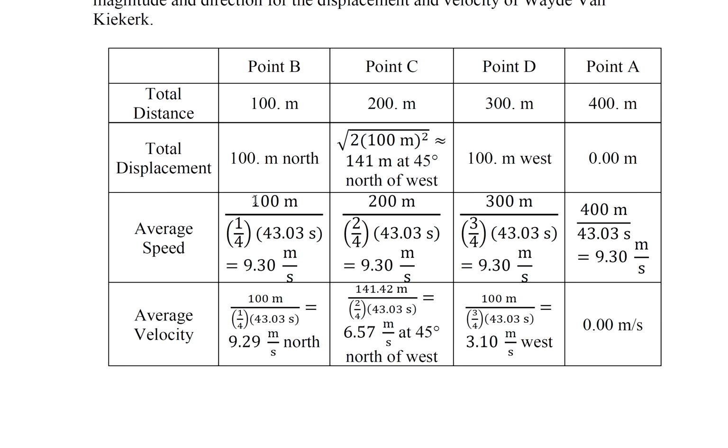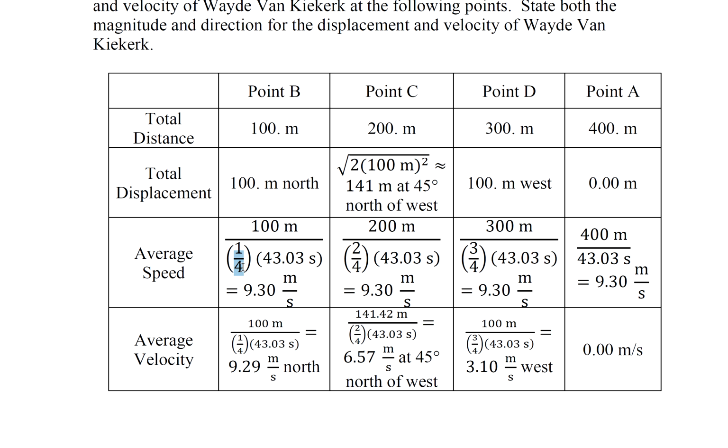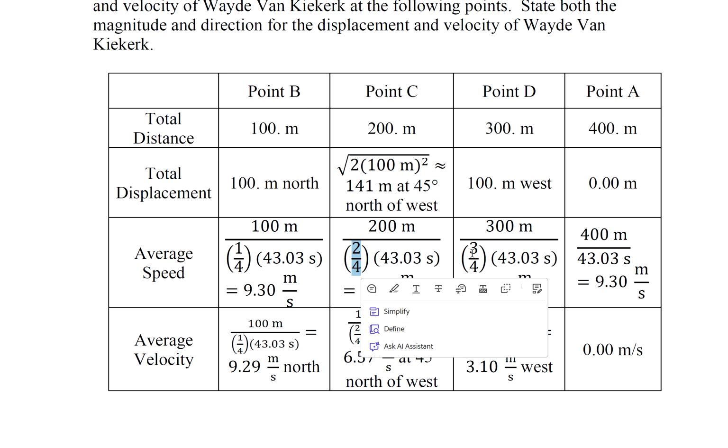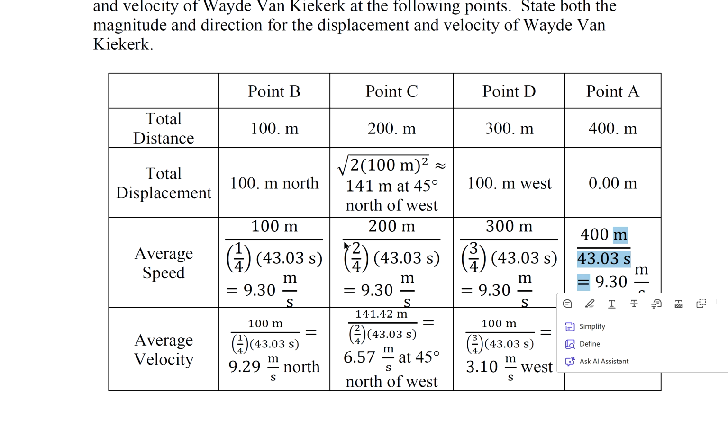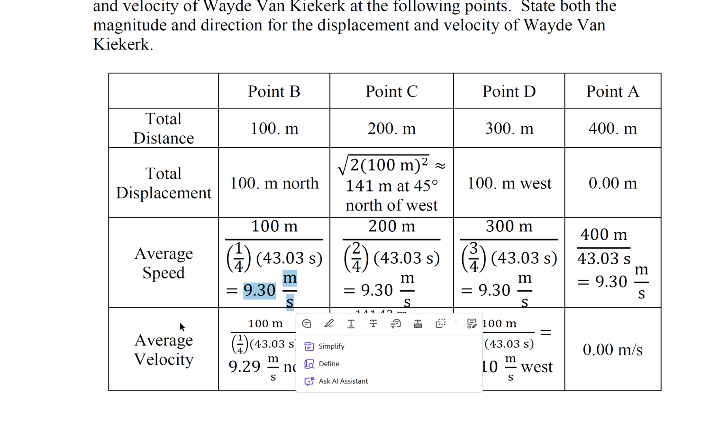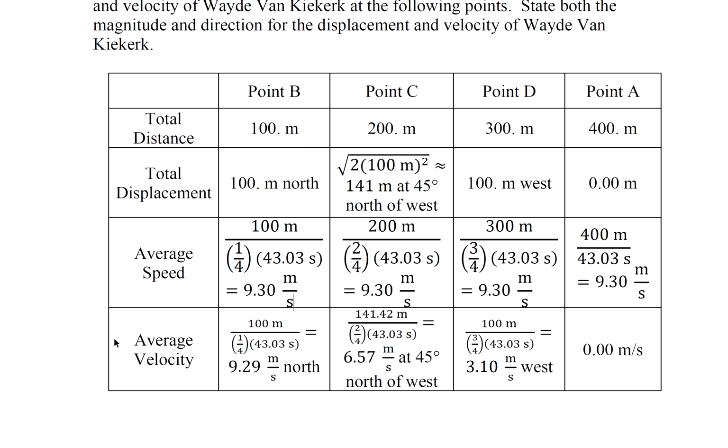So you could see what was done for average speed. We have 1/4 here, 2/4, 3/4, and 4 over 4. The average speed is the same, 9.30 meters per second.